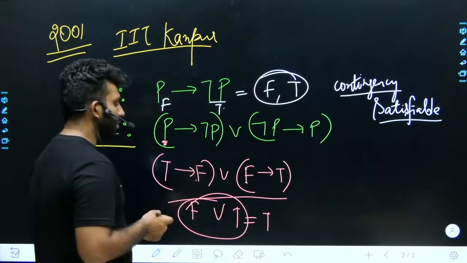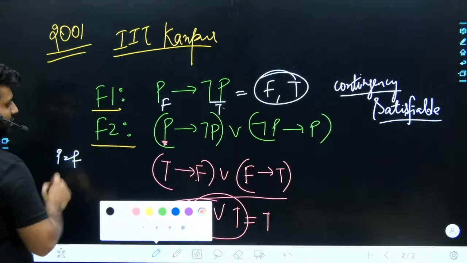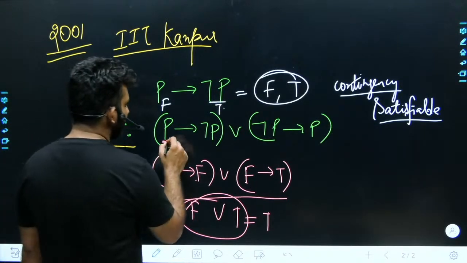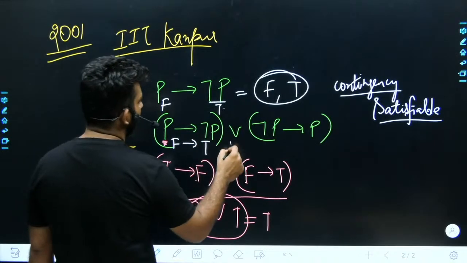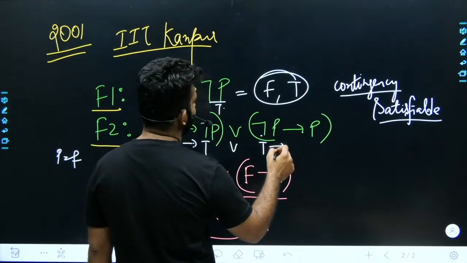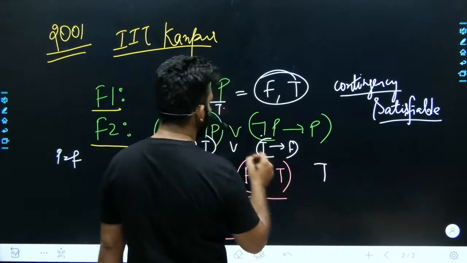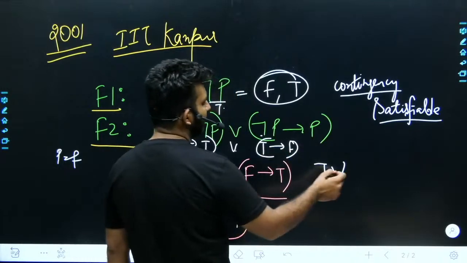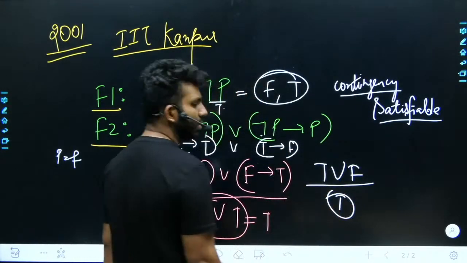If I say P is false, let's understand. False implies not of false, which is true. So false implies true gives true. This is an or. From the second part, not P implies P is true implies false, which gives false. But from the first part I get true, so the value of this will again be true.